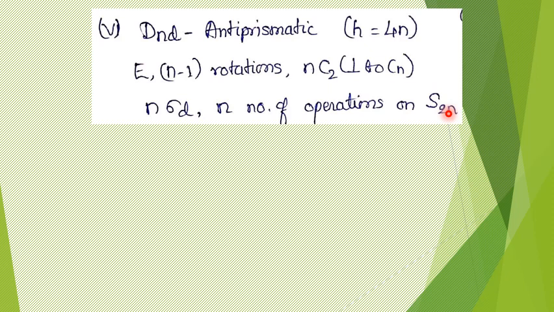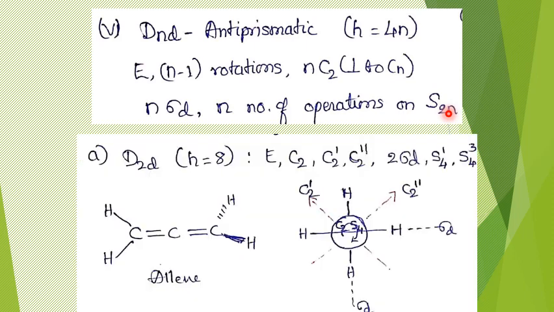So it's a little difficult to understand, but with practice and more examples, we can make things clear. Okay, the first, very important example usually taken for this Dnd is D2d, and for that allene is taken as the classical example. So for D2d, the order of the group should be 4n, therefore it should be 8.